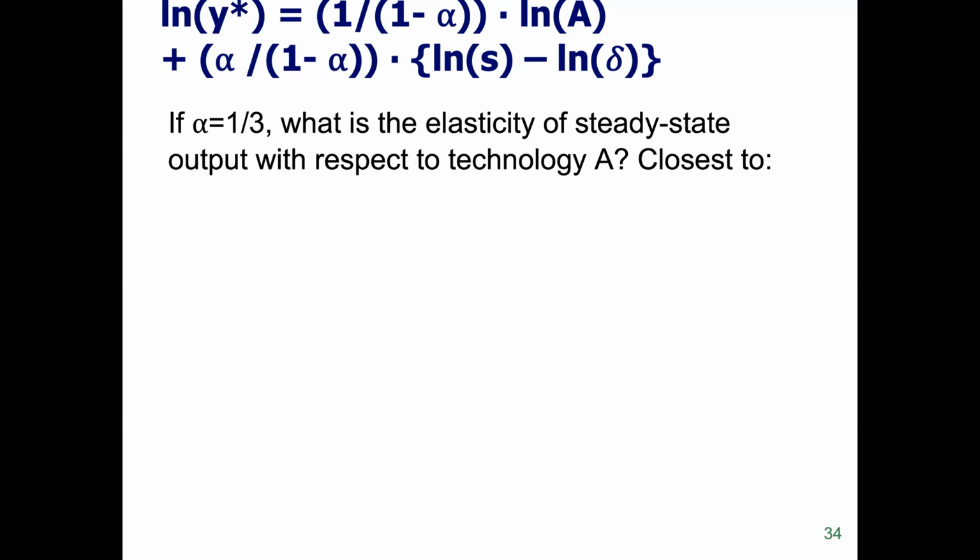Given that we have log of steady state output on the left, we're really just asking what the coefficient of log A is going to be. Is it closer to 0, a half, 1, 1.5, or 2? So stop the video and answer that.